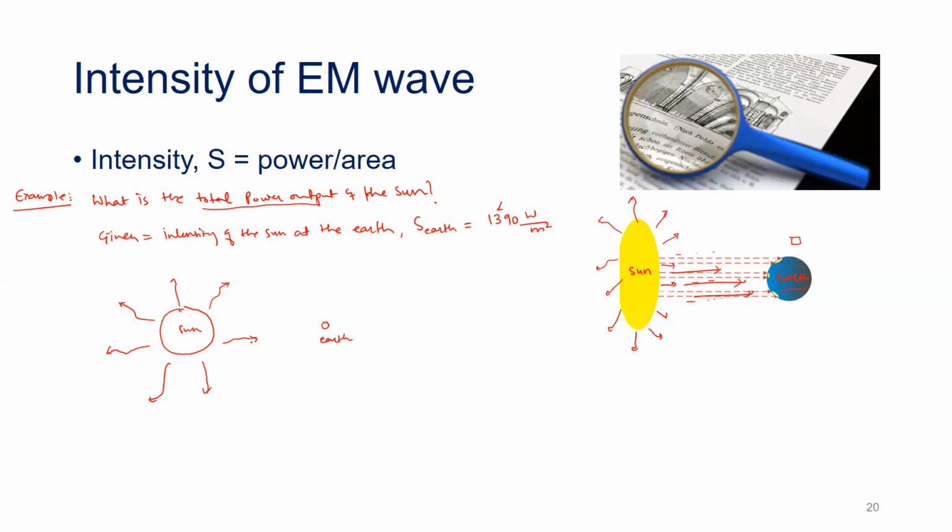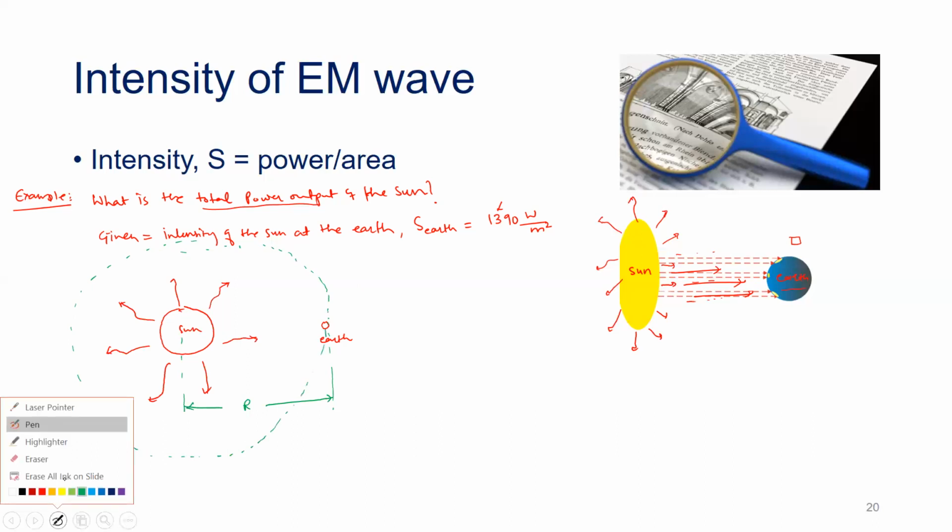And we say that the distance between the earth and the sun is indicated by a capital R. So that's the distance between the sun and the earth. Okay. And let us draw the sphere which will talk about the circumference of the earth around the sun. So let's say this is the area.